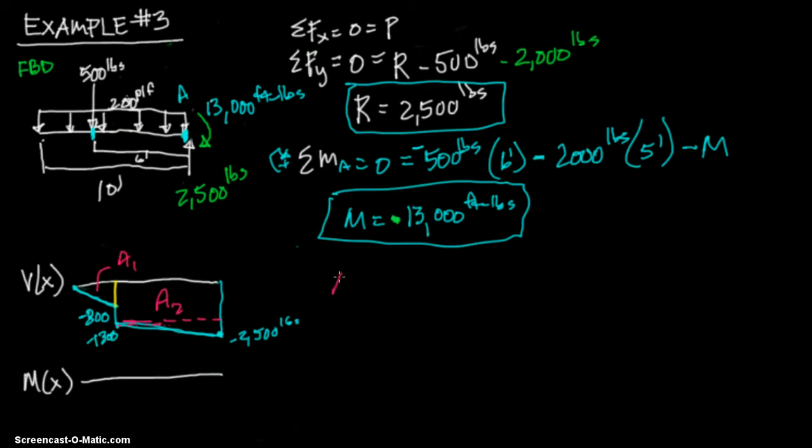I think we'll be good. A1 equals 1/2 because it's a triangle, then it's 4 foot, and then it's negative 800 pounds. There you go. And what is that? 3,200 times 1/2, so it'd be 1,600. Let's do it on the calculator just to be sure. 1,600 pounds. That's negative 1,600 foot-pounds.